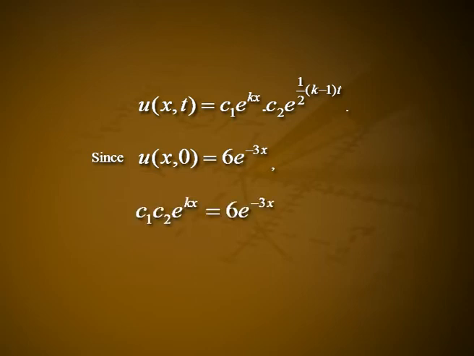Therefore, the solution is u(x,t) = c1 e^(kx) c2 e^((1/2)(k - 1)t). Since u(x,0) = 6e^(-3x), c1 c2 e^(kx) = 6e^(-3x), which implies c1 c2 = 6 and k = -3.